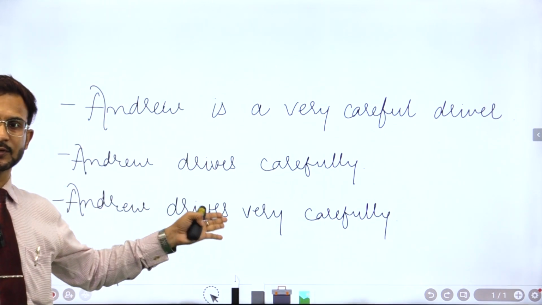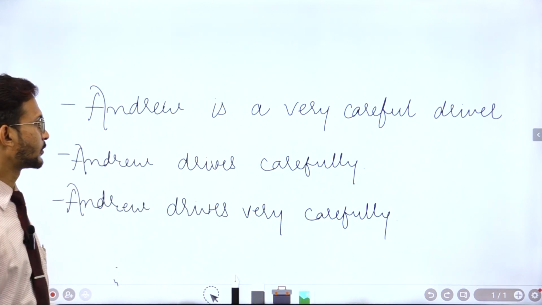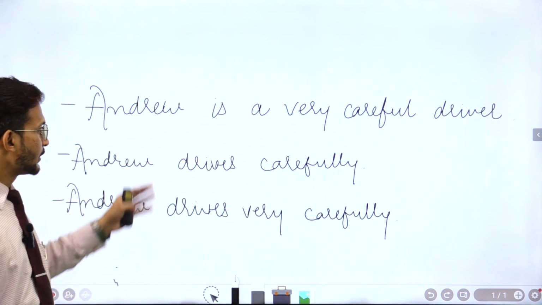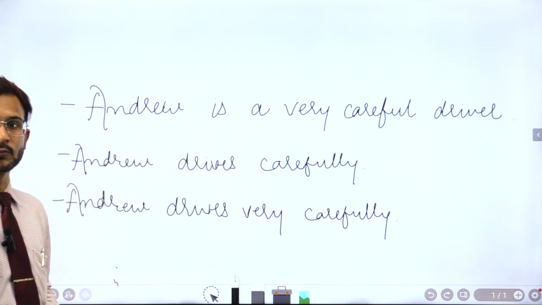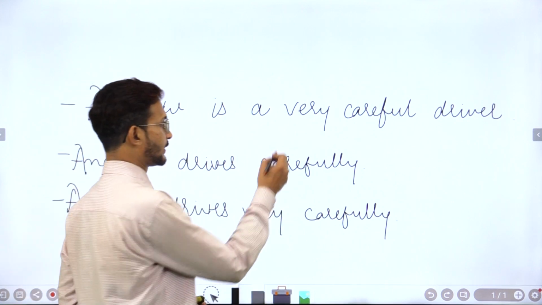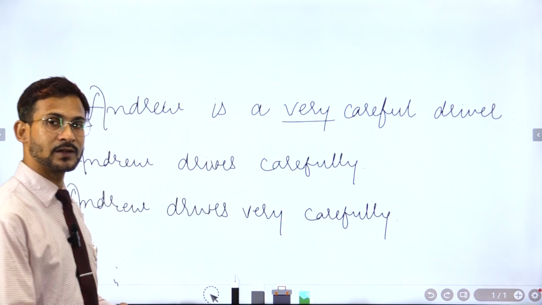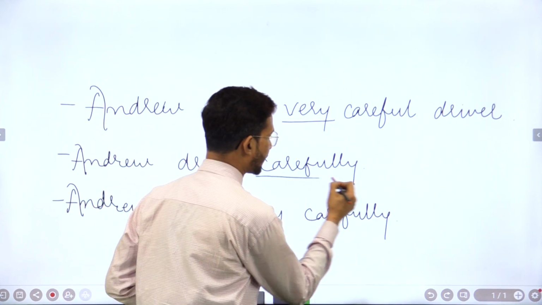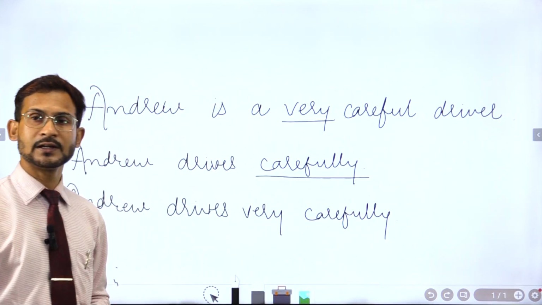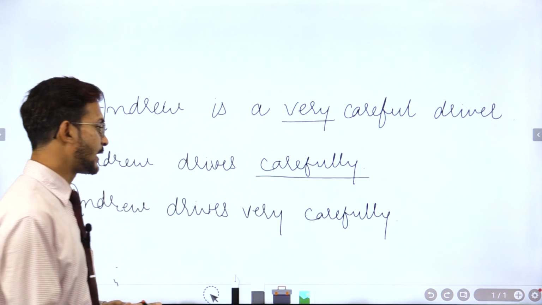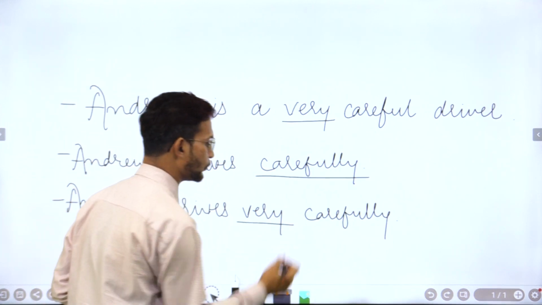Now just have a look at these three important statements. I underline a few important words here. The first word I underline is very. The second word that I underline in the next sentence is carefully. And the third word that I underline in the next sentence is very.